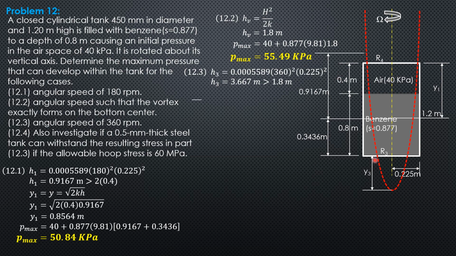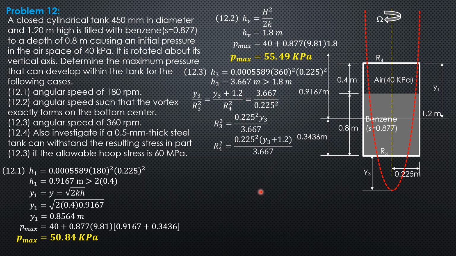By the squared property of parabola, y3 is to r3 squared as y3 plus 1.2 is to r4 squared as 3.667 is to 0.225 squared. So r3 squared is 0.225 squared times y3 over 3.667. R sub 4 squared is 0.225 squared times the quantity y3 plus 1.2 all over 3.667.